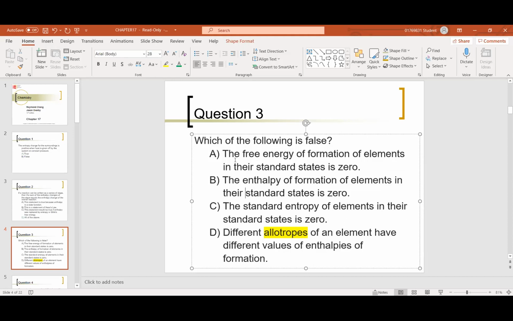The free energy of formation of elements in their standard states is 0. Let me look at this. Actually, okay, no, it's C, right? Because I have the appendix open, so I can look at this.